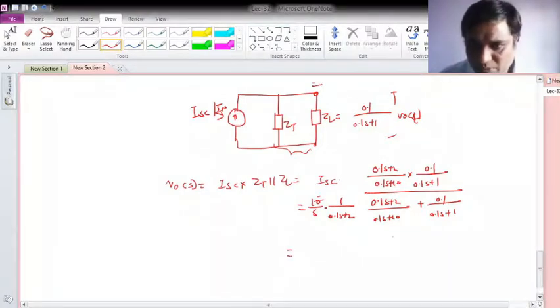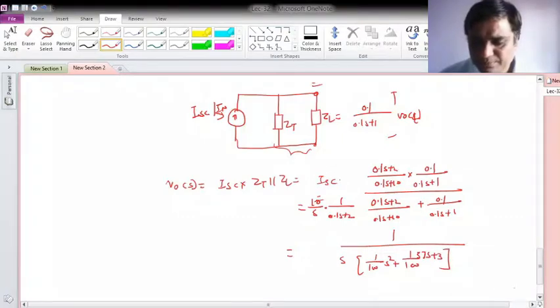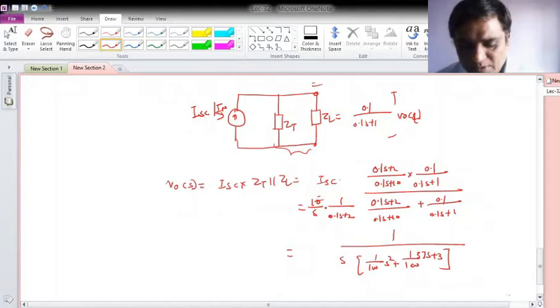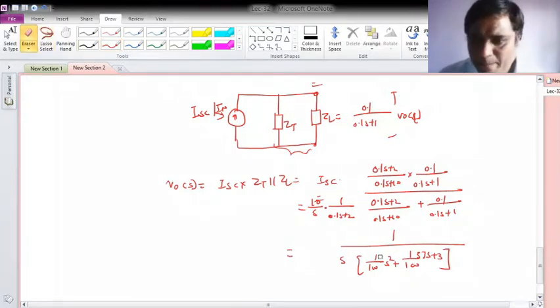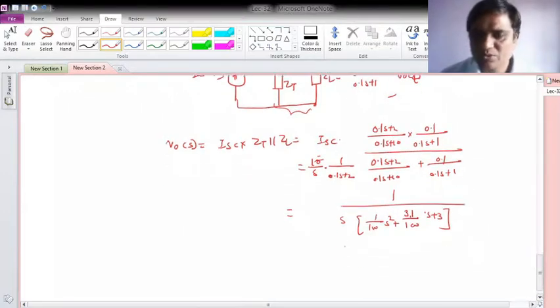If you simplify it, I got S over 1 by 100 S square plus 31 by 100 S plus 3. It's 31, not 37. Now you can use the partial fraction.